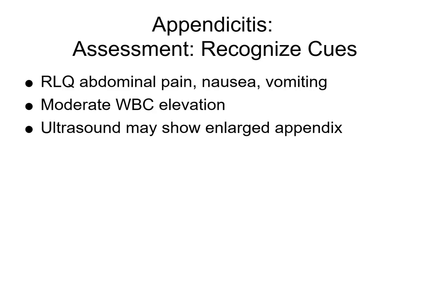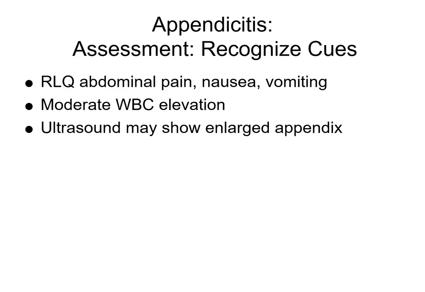Okay, so those neutrophils are going to be high because they've been sent out to help fight off inflammation and infection. So there's going to be an increase in the neutrophils. It's what you said, a shift to the left.